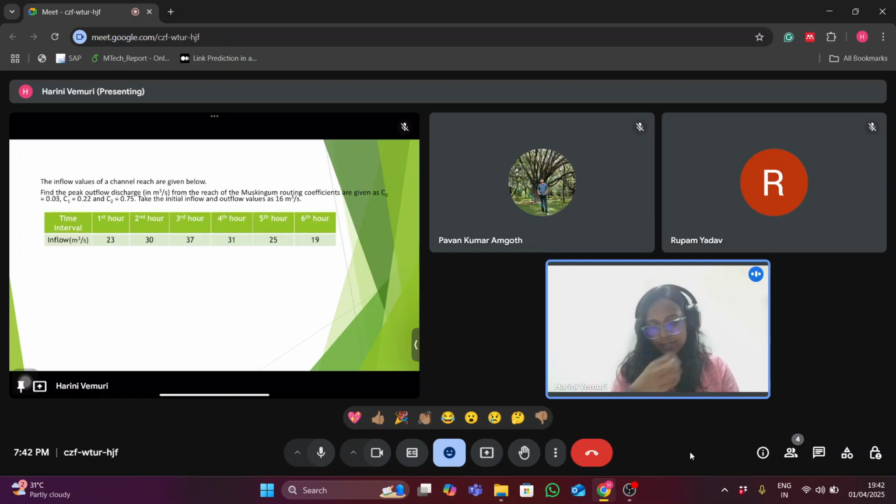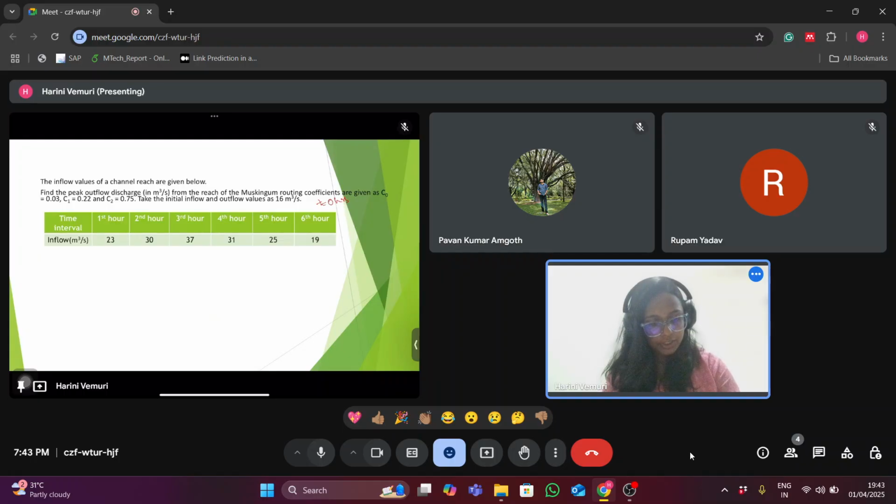Now they are giving us the inflow hydrograph of the channel. So here at each time step, what are the inflow values? And they have asked for the peak discharge from the reach of the hydrograph. We have to calculate using C naught equal to 0.03, C1 equal to 0.22, and C2 equal to 0.75. And they are saying the initial inflow and outflow at time t equal to 0 is 16 meter cube per second.